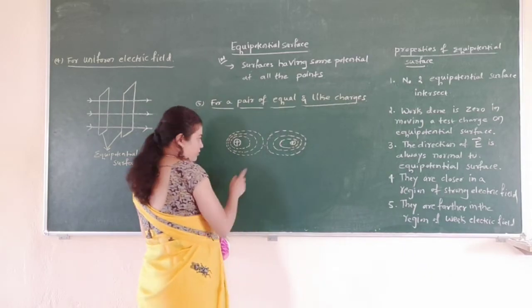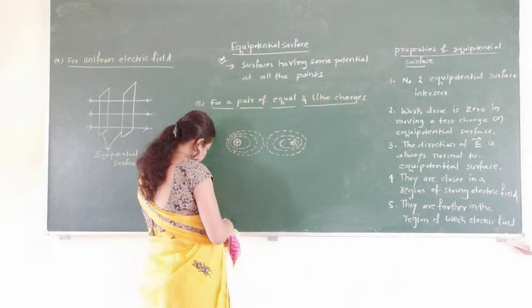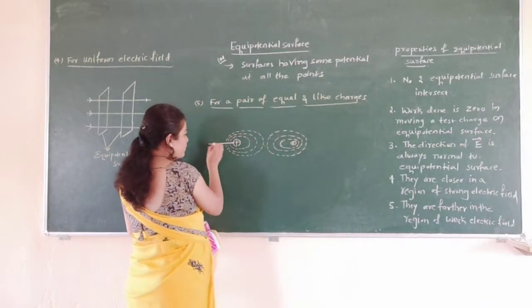And if you draw like this it will be wrong. So what we have to draw? Field lines.